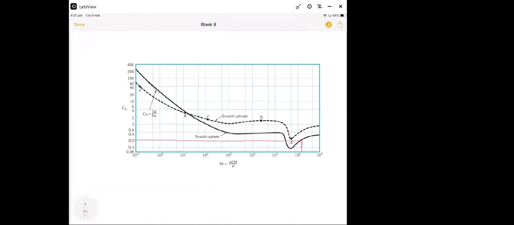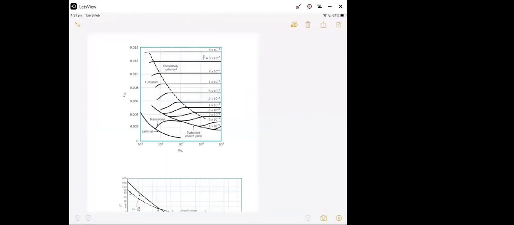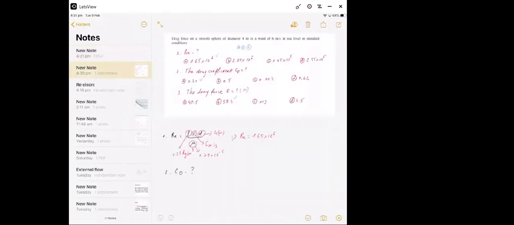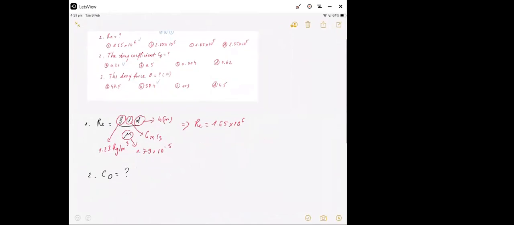So we'll be a little bit higher than 0.2, smooth sphere. So CD will be 0.21, so the answer is A. Okay.